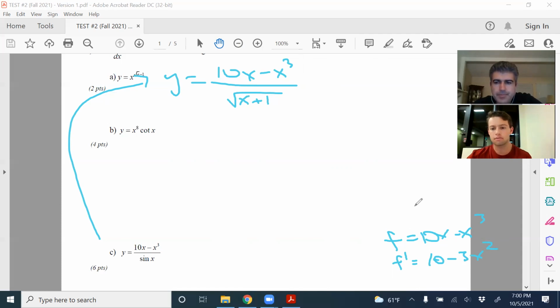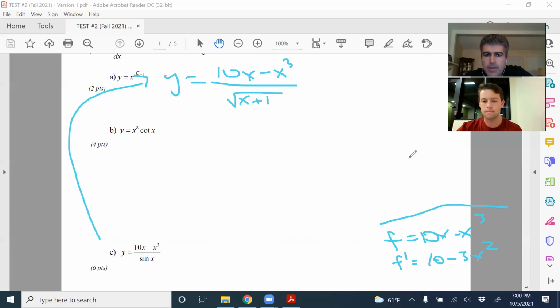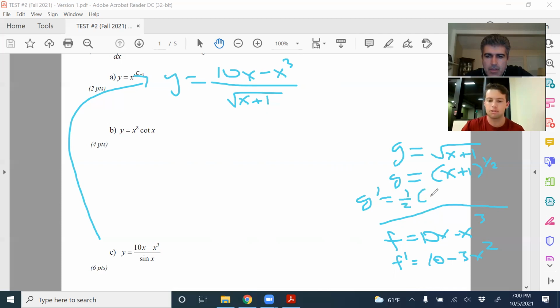Right. Okay. Then here, g is root x plus 1, which is the same thing as saying x plus 1 raised to the 1/2 power. So when you do the derivative of that, oh, it's the half. Oh, I keep switching that up. Yeah.